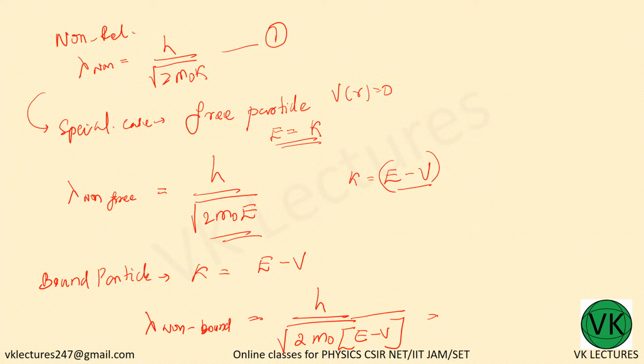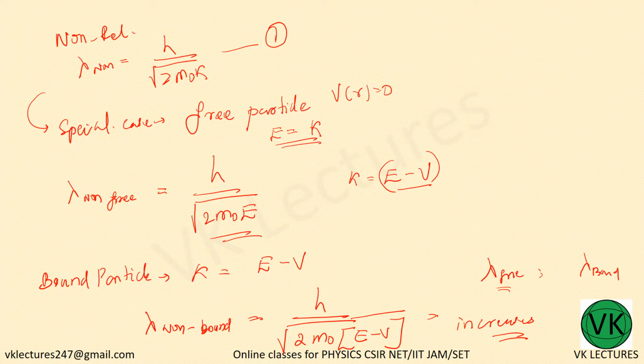So here you can say, if lambda is lambda free and this is lambda bound, the wavelength of a bound particle increases as and when the particle moves to an area of high potential.